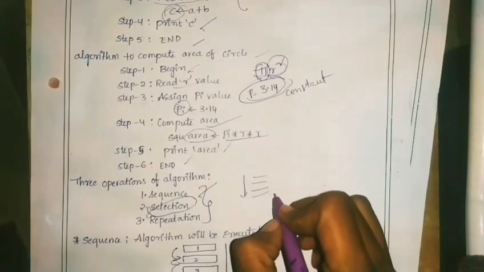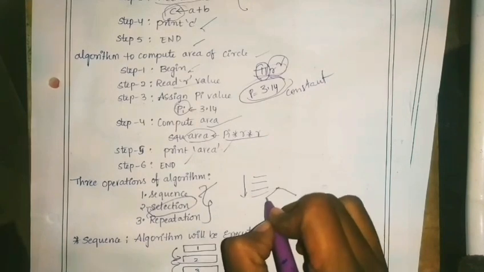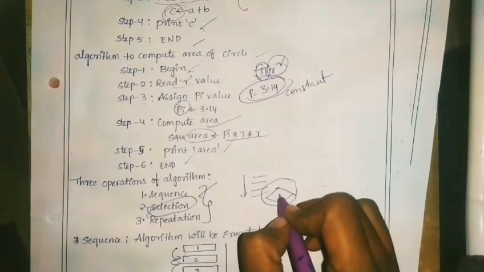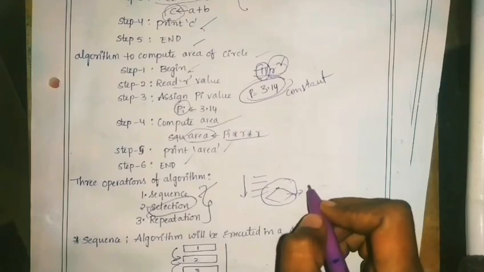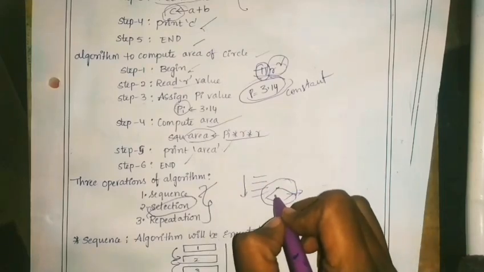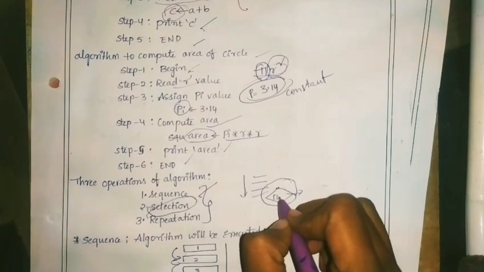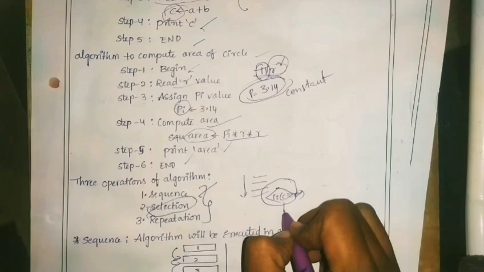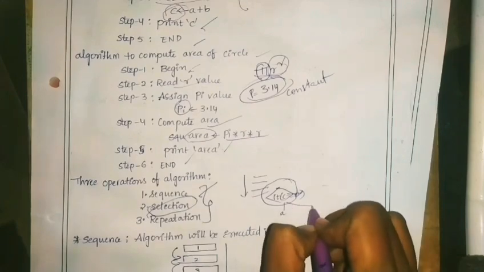If we have a condition here, this symbol in a flowchart, we will discuss later. If c equals 0, then we print this statement, or else this statement.